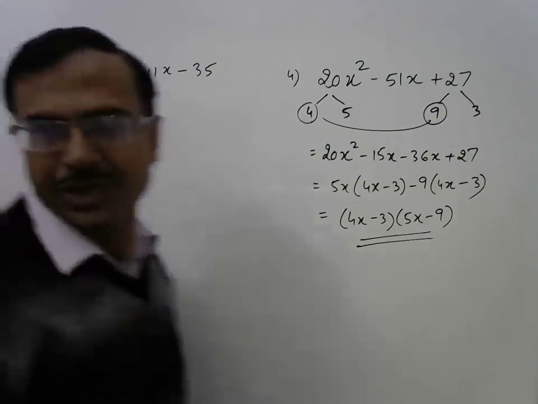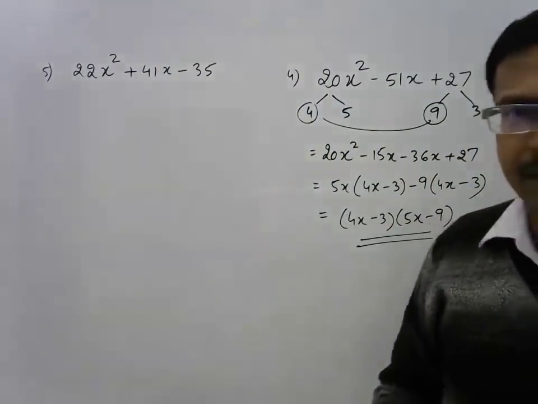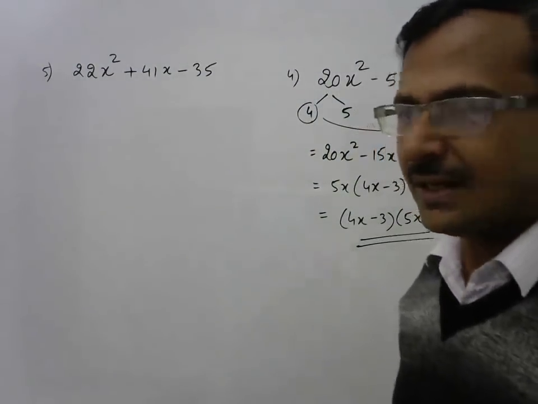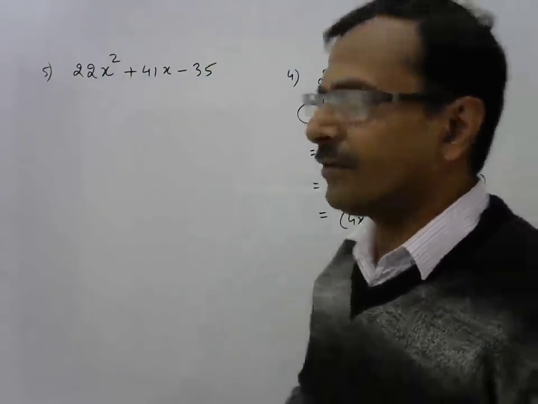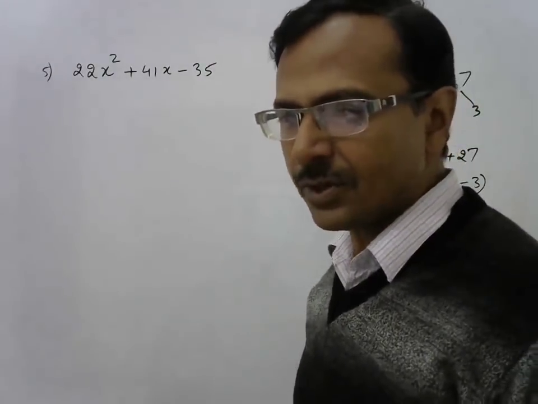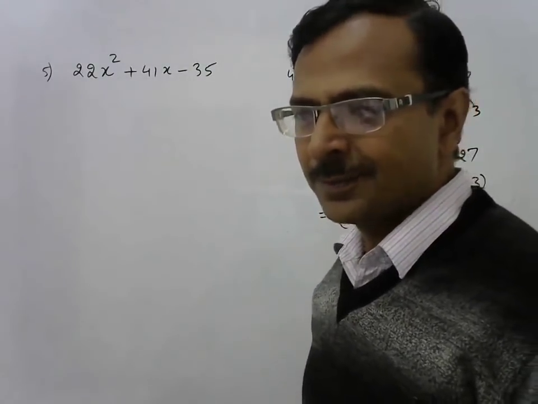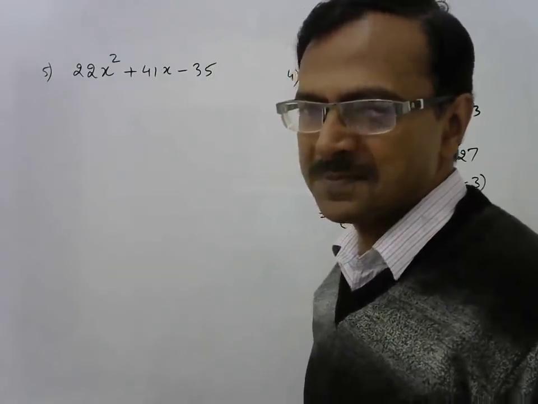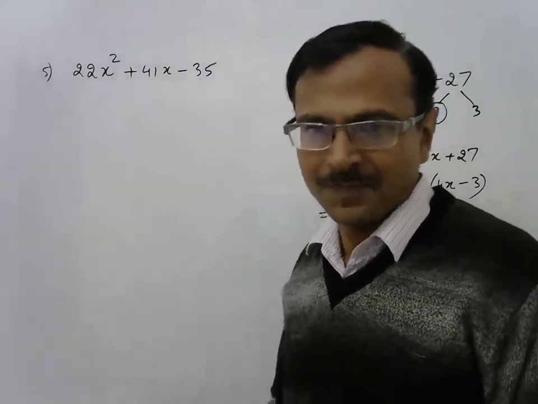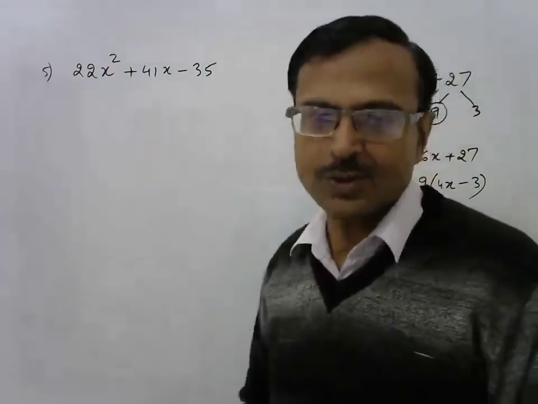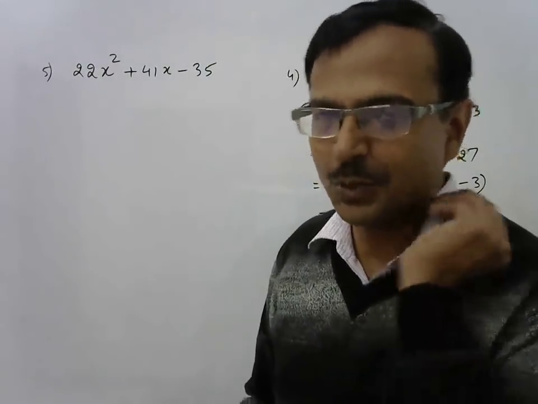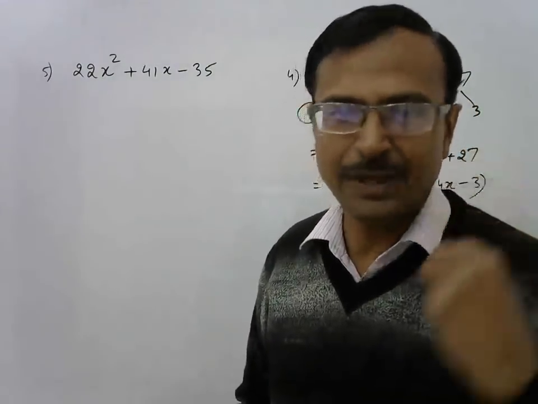So a lot of friends watching and trying to compete with the best on the channel. Let's see. 22x square plus 41x minus 35. Some answers already coming in. If the class 8th and 9th students can develop this speed with which you are giving me the factors, it will be amazing.